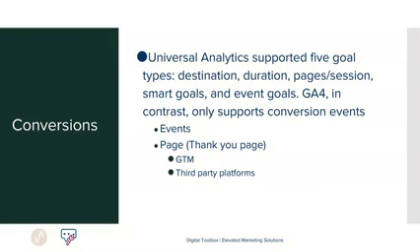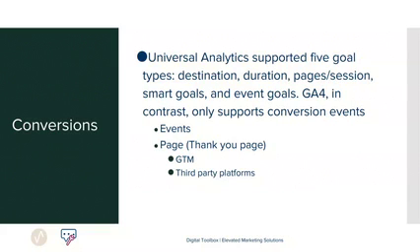You could track if somebody had viewed so many pages or how long of a session they had, and those would become conversions. And you could track event goals. With G4 though, none of those are available as they were before. Now you can only track events, or you can only track pages or thank you pages. So a lot has changed on what you can track.